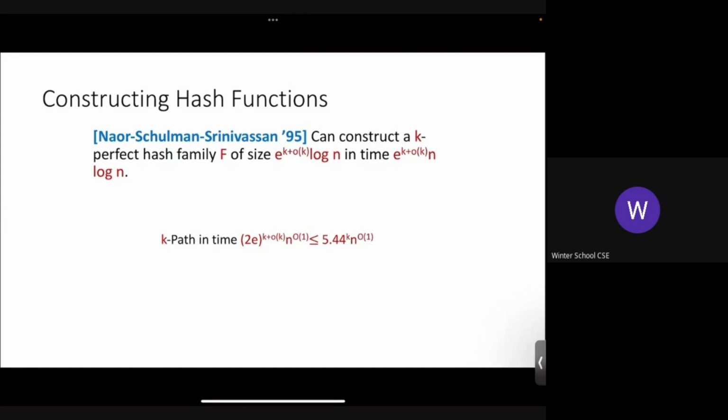Yes, please. K-perfect. Yeah, what does a k-perfect hash family mean? What is this k? Yeah, what's the notion of k-perfect? K is the number of vertices in the path. No. So what does a k-perfect hash family mean? I can construct K. What is a K here? No, what's the perfect mean? Like, does that mean that there's no collisions or? Sorry, I just don't understand the third word you're saying.